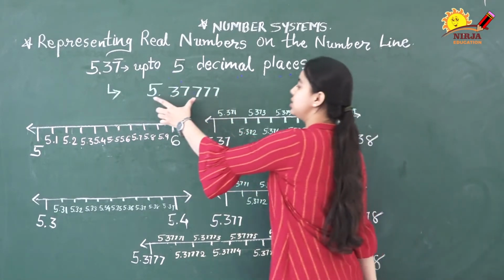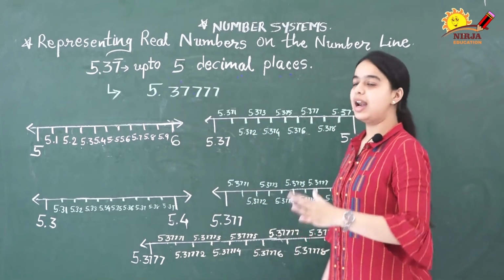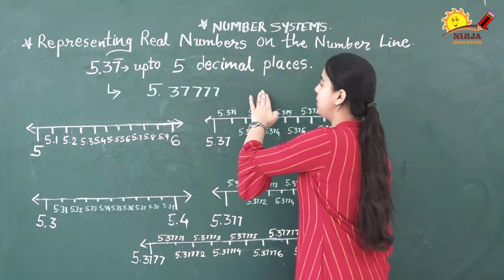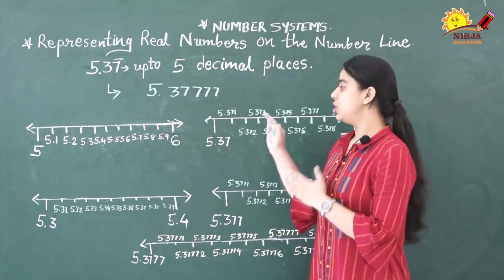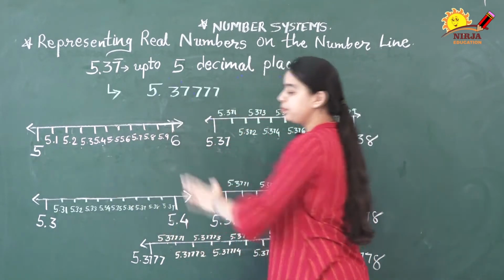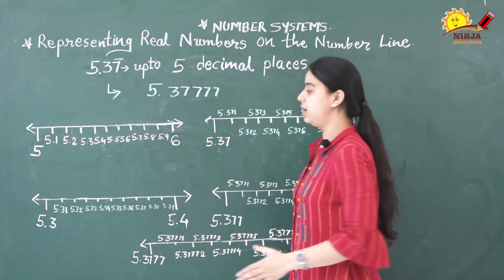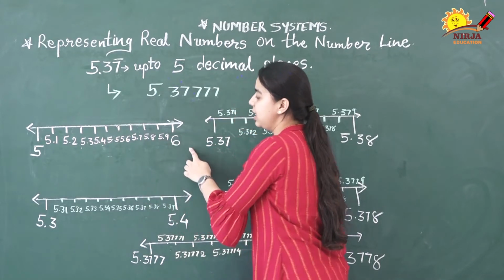As you can see, this number lies between 5 and 6. So directly I have started with 5 and 6. If you want to draw a number line and indicate 5 and 6 first, that is also fine, you can do so. So here I have already taken 5 and 6. Suppose I am dividing this 5 and 6 into 10 equal parts, then I will get 5.1, 5.2 and so on, 5.9 and 6.